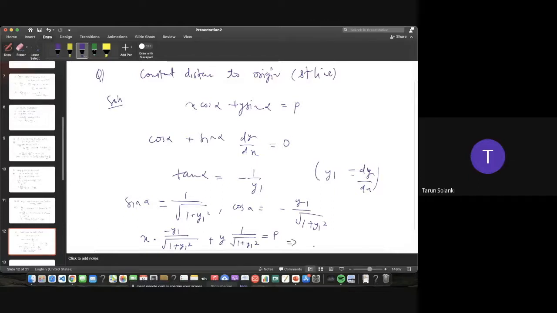So our final answer will be (y minus x y1) squared equals p squared times (1 plus y1 squared). Basically, this is a right angle triangle with angle alpha, with sides minus 1 and 1, so the hypotenuse will be root of (1 plus y1 squared). By this concept we have solved the question.